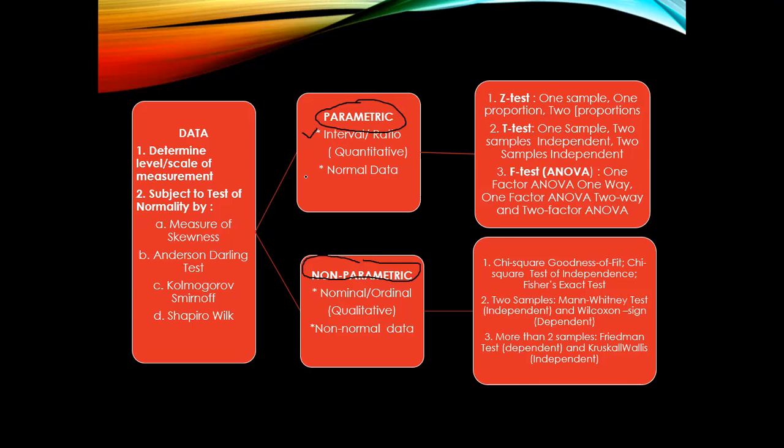These are the quantitative data, yung mga continuous and discrete numerical data. Okay. Pag yung data na naman natin is either nominal or ordinal, okay, these are qualitative data, ang i-apply natin dyan na statistical test will be non-parametric. Okay, so that's the first condition. It is based on the level or scale of measurement.